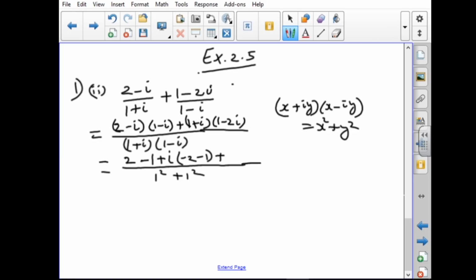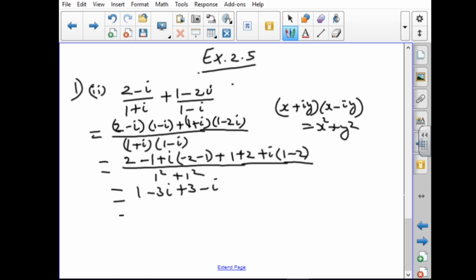Plus similarly, real into real part, 1 into 1 is 1, then imaginary into imaginary part, minus 2 i square is minus 1, so we get plus 2 here, then plus i into imaginary with real is 1 and real with imaginary is minus 2. So this is equal to 2 minus 1 is 1, and this is minus 3i plus 3 minus i.